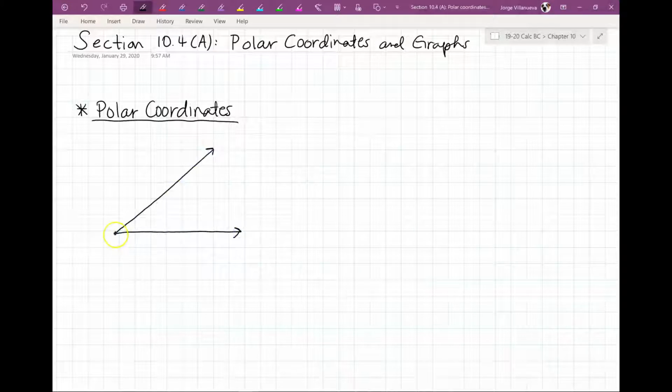All right, so I'm just going to label a couple things really quick. This is R, this is our directed distance. So directed distance is R. This is theta, which we call our directed angle.